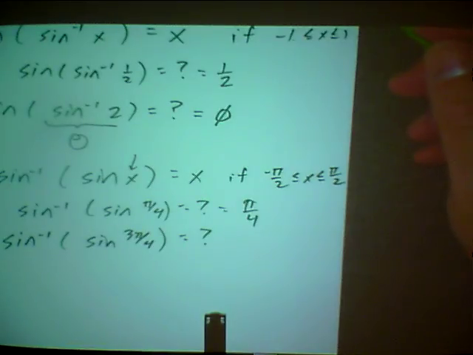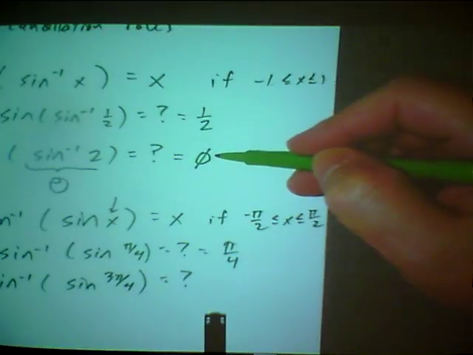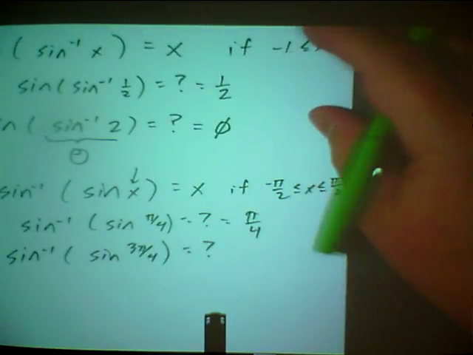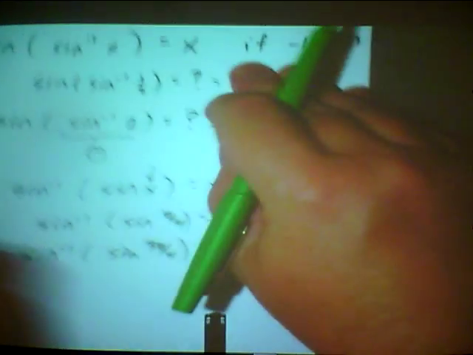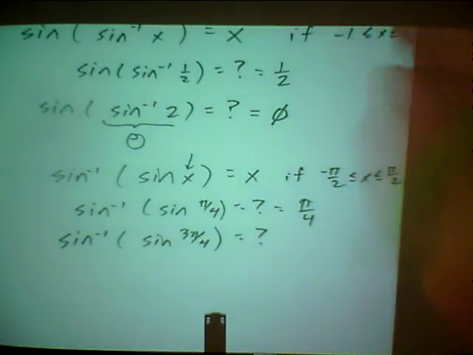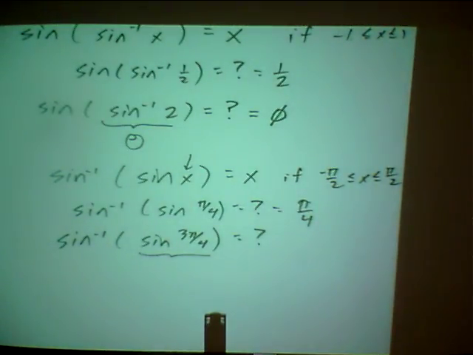Now some of you might think, oh, well this is maybe just like up here where you say no solution. And actually that's not correct either. I can actually get an answer to this, and here's what we have to do. Basically, I evaluate what's inside the parentheses first.